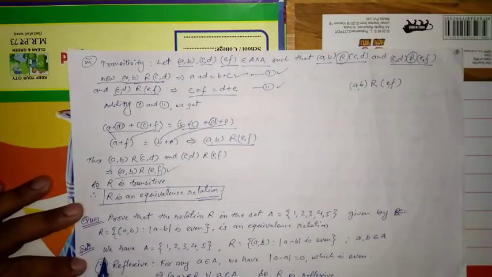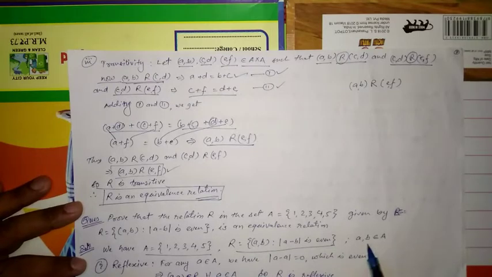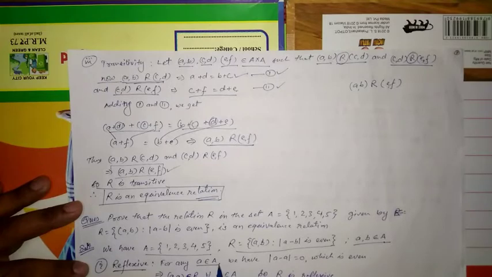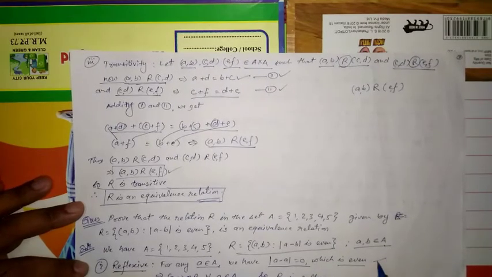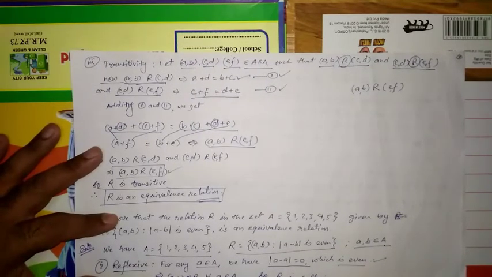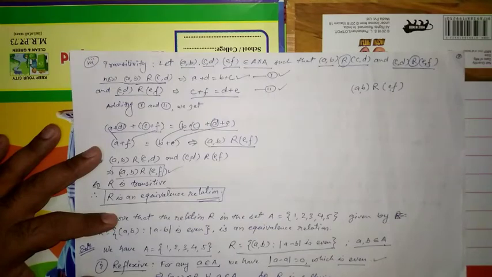So we have set A and the relation that A minus B is even for all AB belonging to A. For reflexivity, we need to prove that for any A belonging to A, A minus A is equal to 0, which is even, that is true. Therefore we can say that (A, A) belongs to R for all A belonging to A, so R is reflexive.